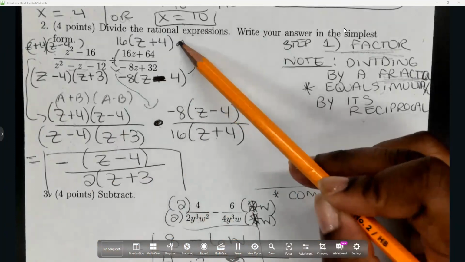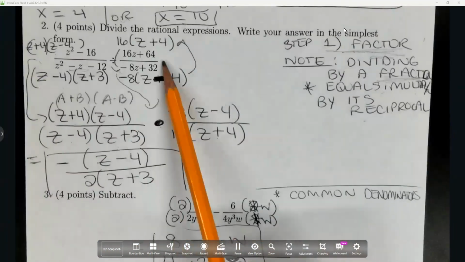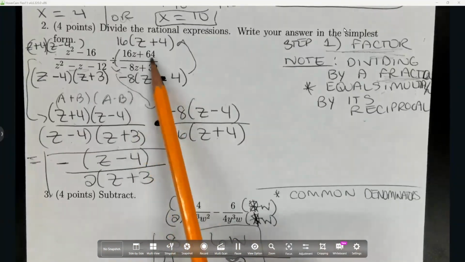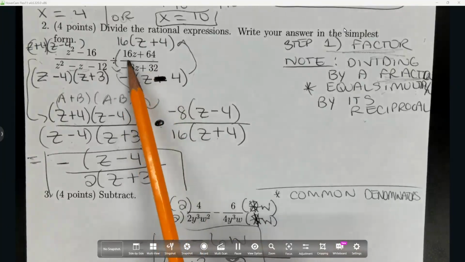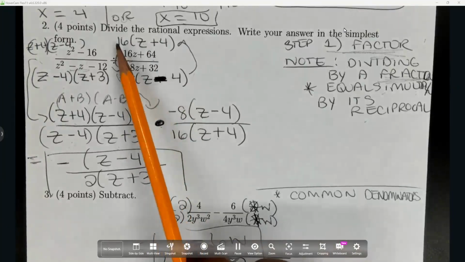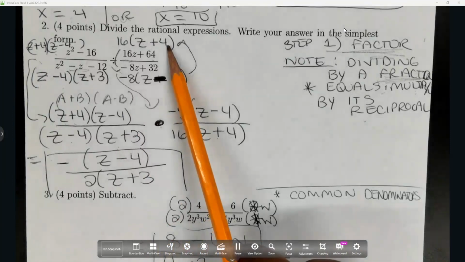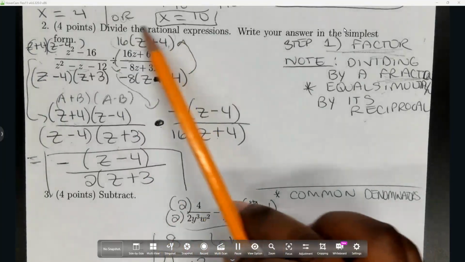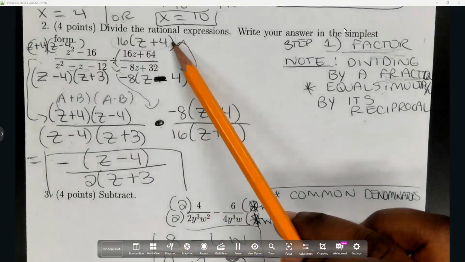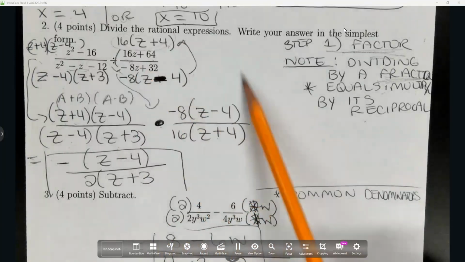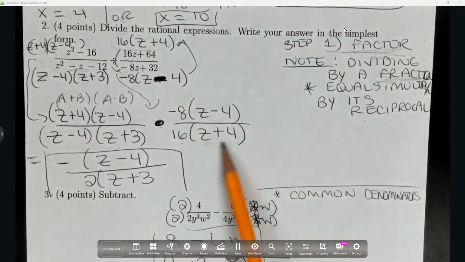And we're also going to list this as the reciprocal, but in our numerator, we could also factor 16. We factored out 16 from 16z and we got z, 16 from 64, we get 4. So this is 16 times z plus 4. Remember, that's going to be moved to the denominator. So 16 times z plus 4 in our denominator.